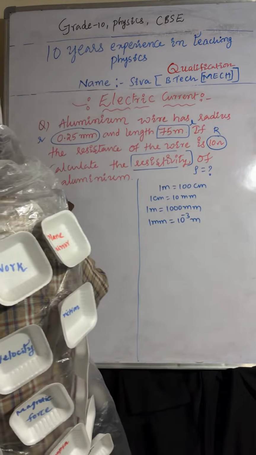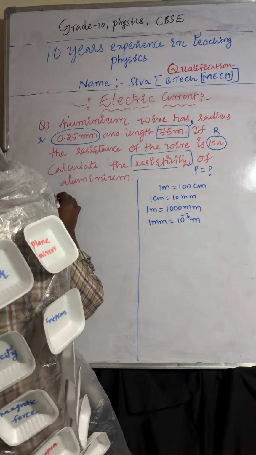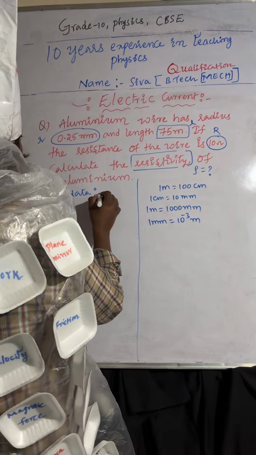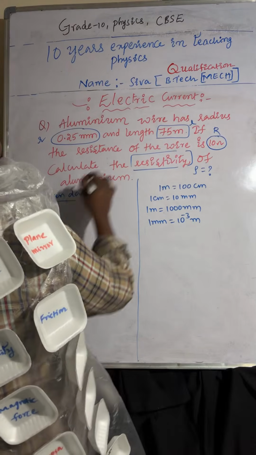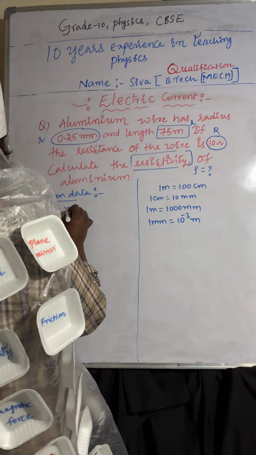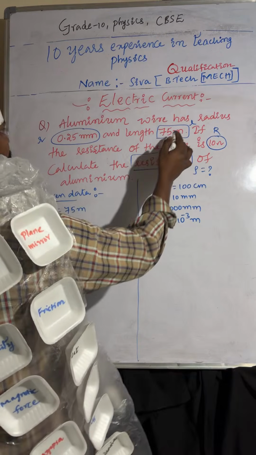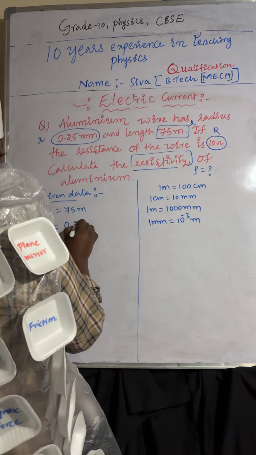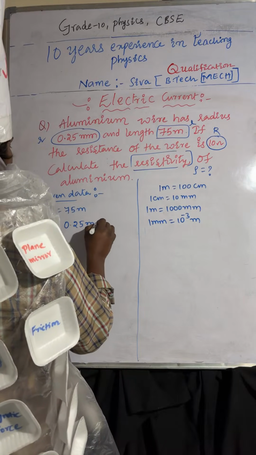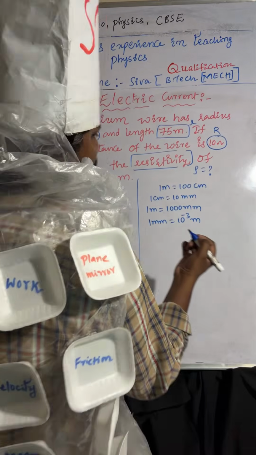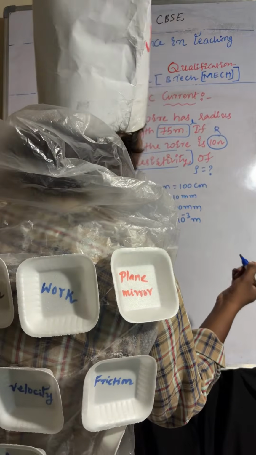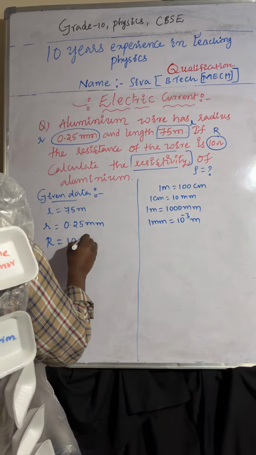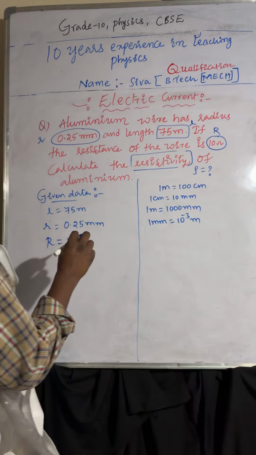First write the given data. Length is 75 meter. Radius is 0.25 mm. Resistance is also given, 10 ohm.